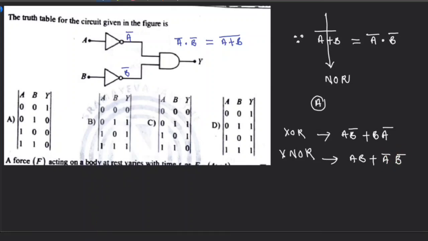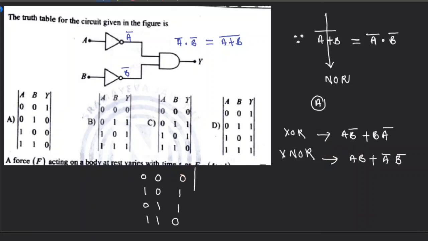For XOR, if both are the same inputs, the output will be low. For example, if it is 0 0, the output is low. If it is 1 0, the output is 1. If it is 0 1, the output is 1. If it is 1 1, the output is 0. That is the meaning of the XOR gate.